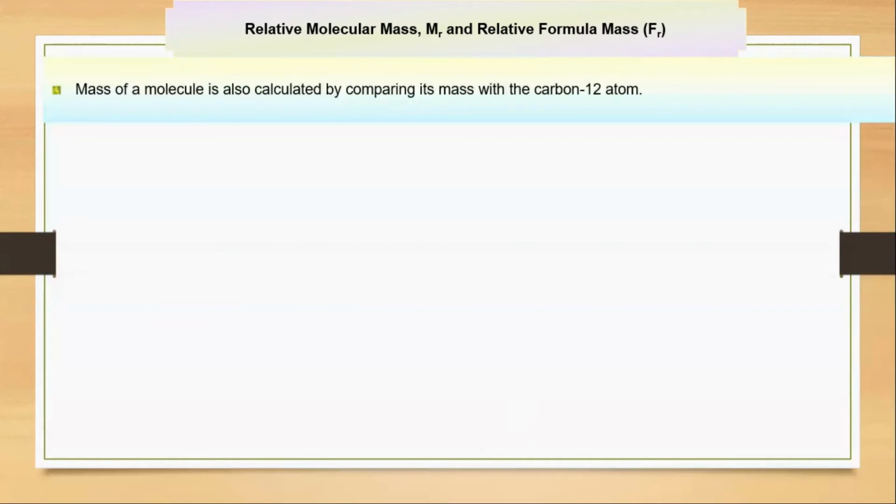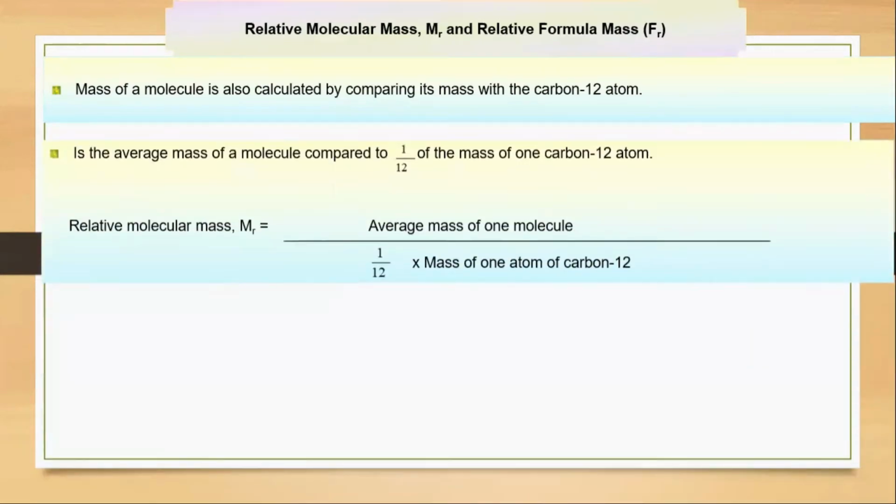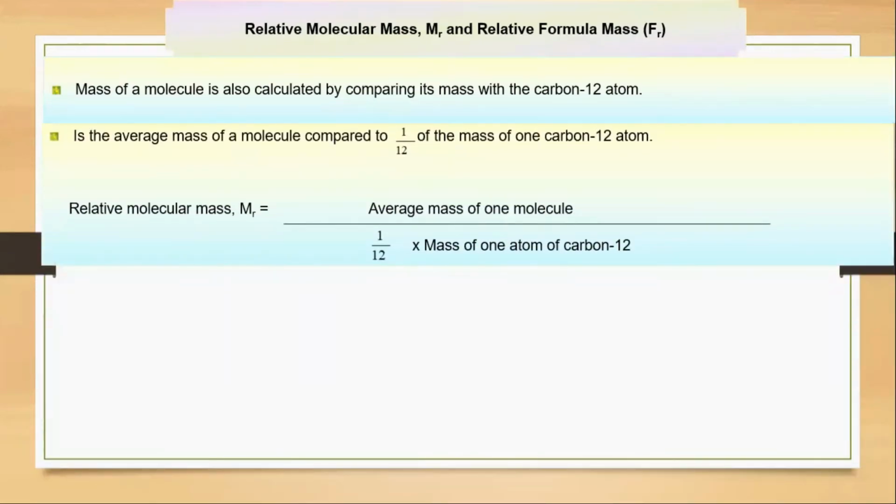Relative molecular mass, Mr, and relative formula mass, Fr. Mass of a molecule is also calculated by comparing its mass with the carbon-12 atom. It's the average mass of a molecule compared to 1/12 of the mass of one carbon-12 atom.